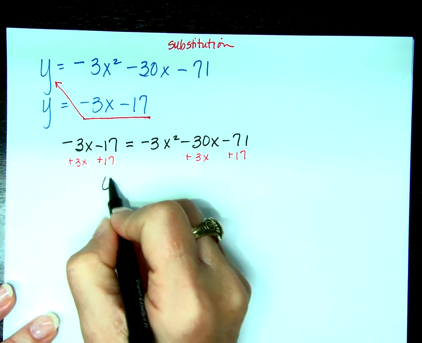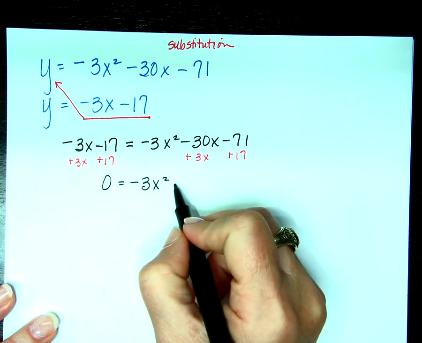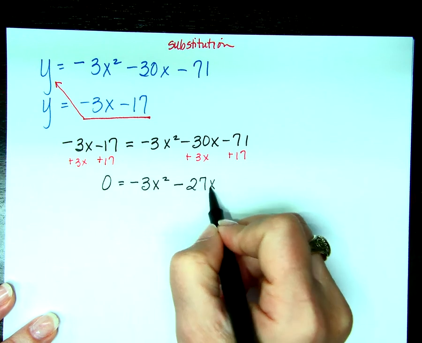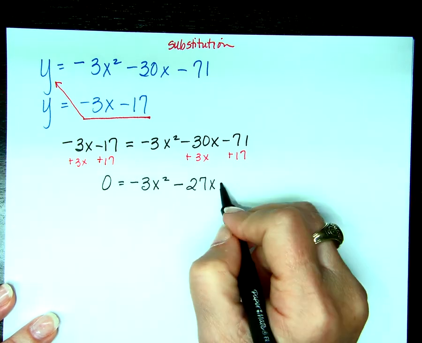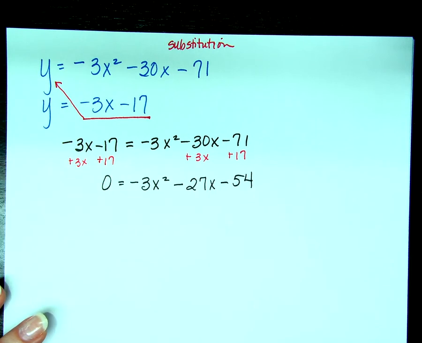So 0 equals negative 3x squared minus 27x minus 54. Okay, so far? How do I go about solving this? Where do I go from here?